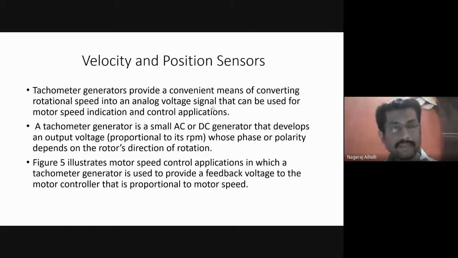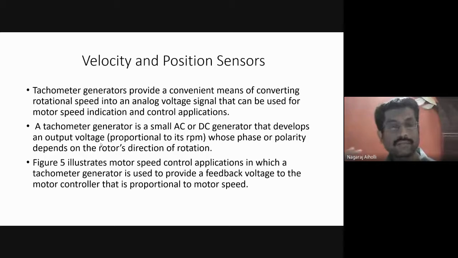So this tachometer generator can be used as an AC generator or DC generator, which develops an output voltage proportional to the rotating speed. The polarity of the output voltage depends on the direction of rotation of the rotor, or the rotating object.